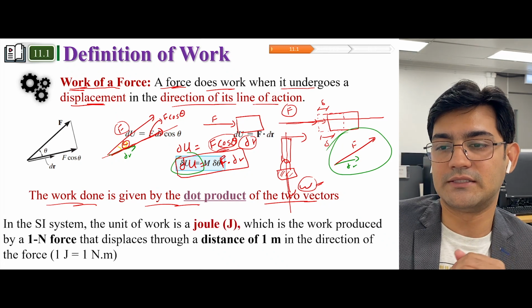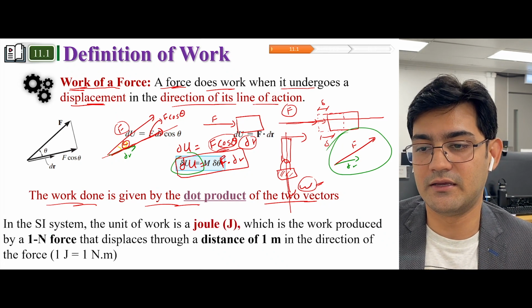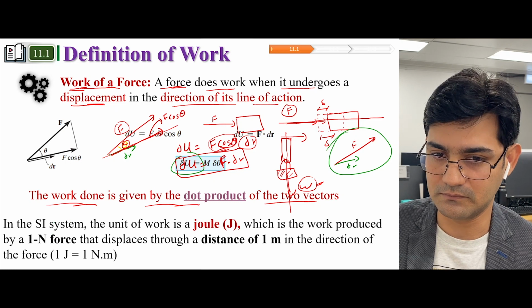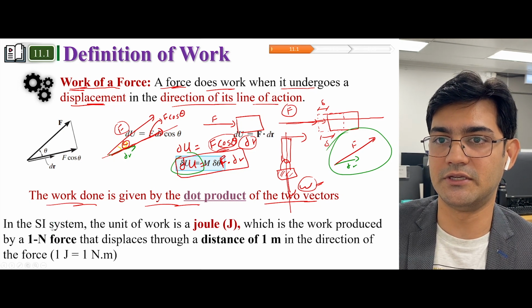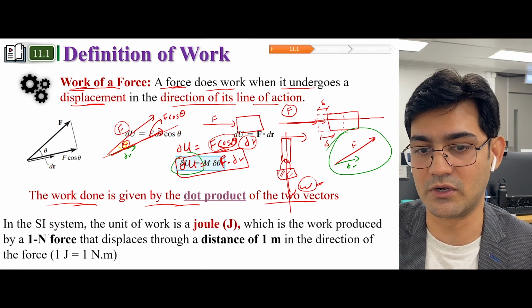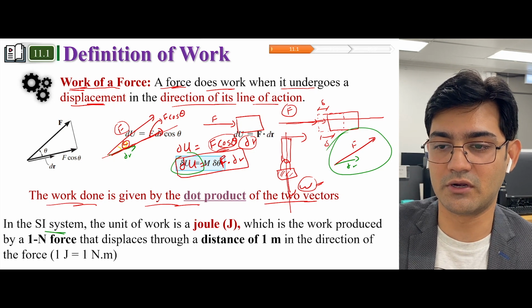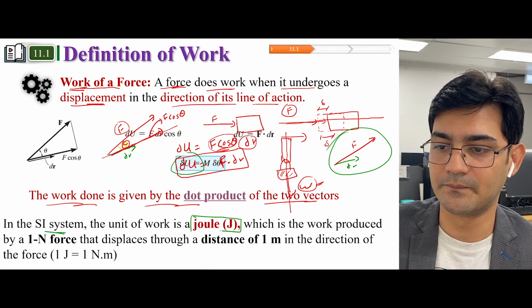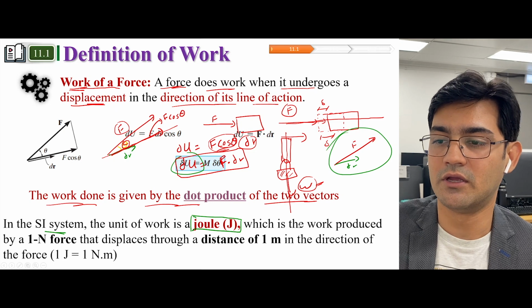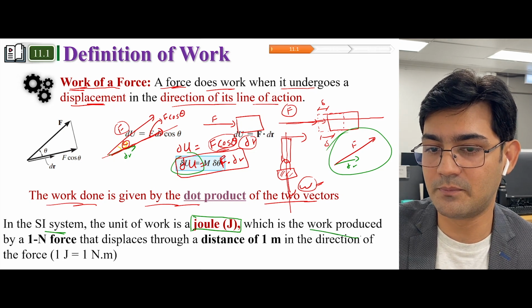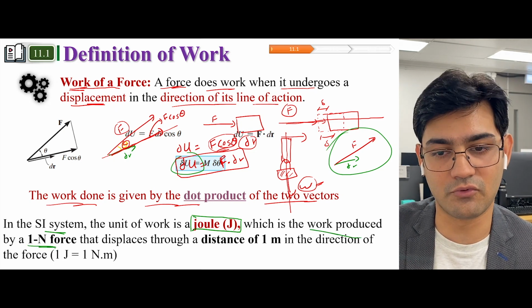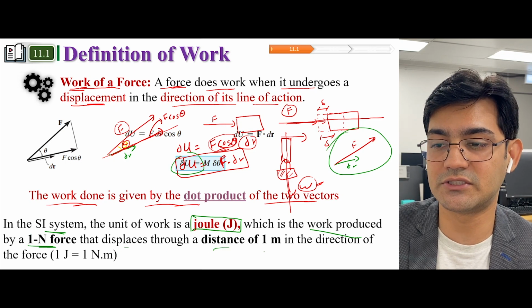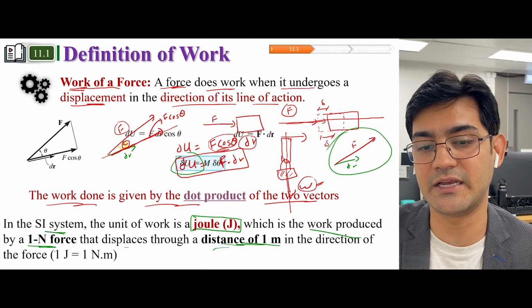Okay, so let's just define the unit of work, and then we'll go towards the principle of virtual work. In SI units, the unit of work is the joule. And what is a joule? A joule is the work produced by a 1 Newton force that displaces through a distance of 1 meter in the direction of the force.